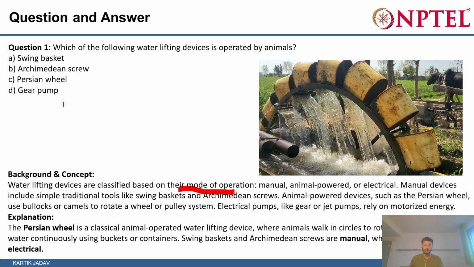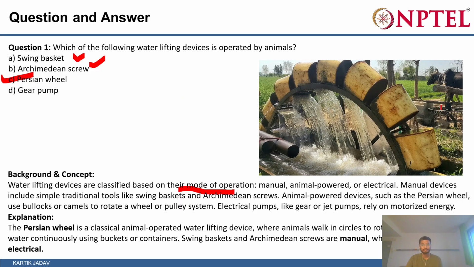Based on mode of operation, it is classified as manual operated, animal operated, or electric powered. Now, manual devices include simple traditional tools like swing basket and Archimedean screw, right? And animal powered devices such as the Persian wheel. So they are asking which lifting device is operated by animals. Persian wheel is the most common example of this, and it generally uses bullocks or camels to rotate the wheel or pulley.